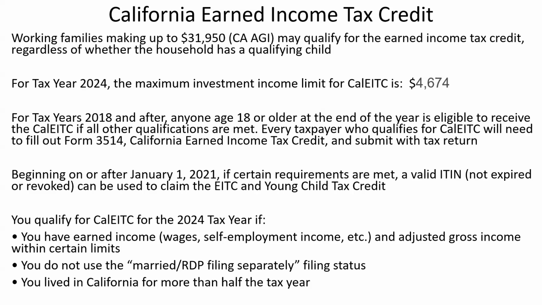And that's different than the federal side of the house. Here's another thing when you're talking about EITC. If you have a valid individual taxpayer identification number, that ITIN, you may be able to get EITC if you meet all the requirements.